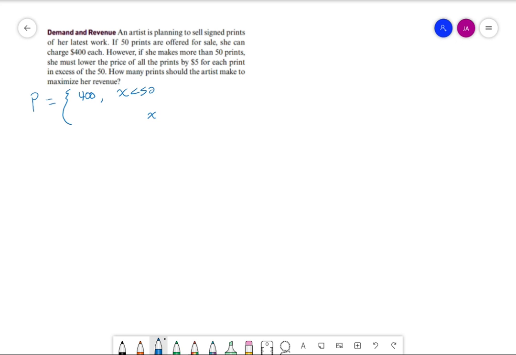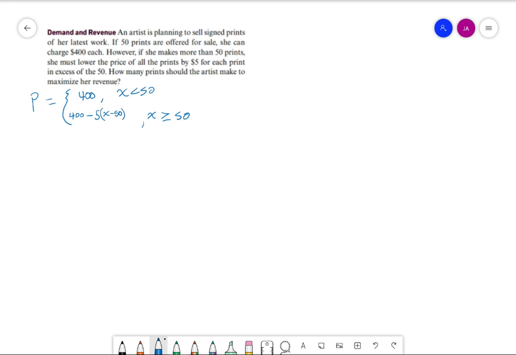So when x is greater than or equal to 50, what do they say? They say we start at that $400 price tag, and then we have to lower the price by $5 for each print in excess of 50. And so I'm going to write that as x minus 50. Okay, great, there we go. So that will be our piecewise demand curve.